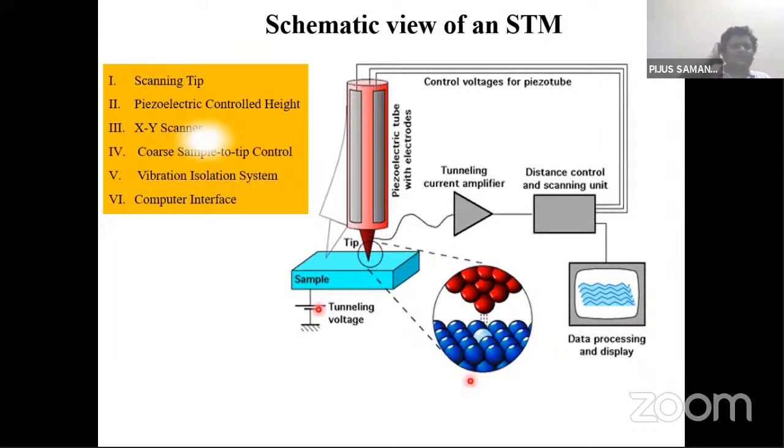The current will flow, and that current will be recorded to study the surface. The scanning tip is made of tungsten or an atom. And the beauty of this STM is its resolution.